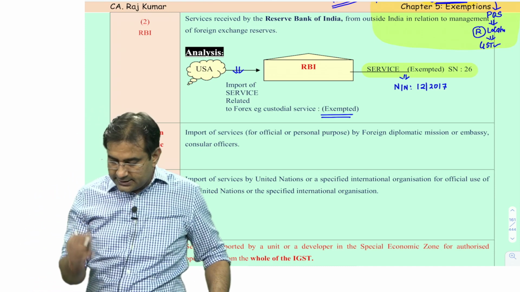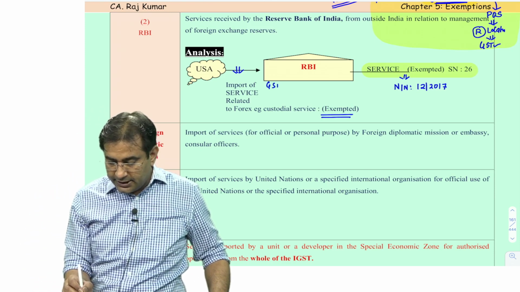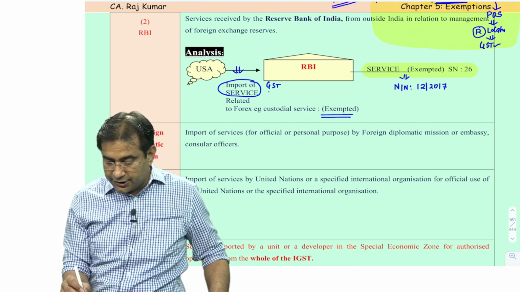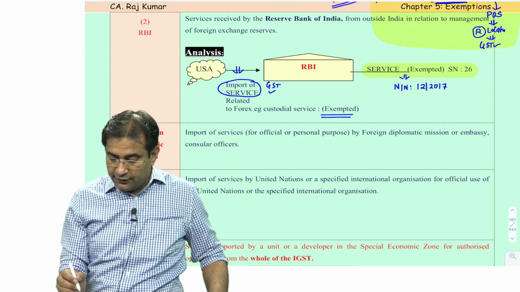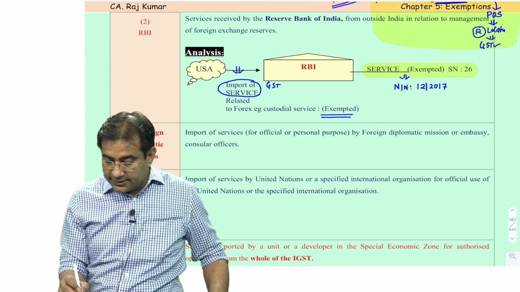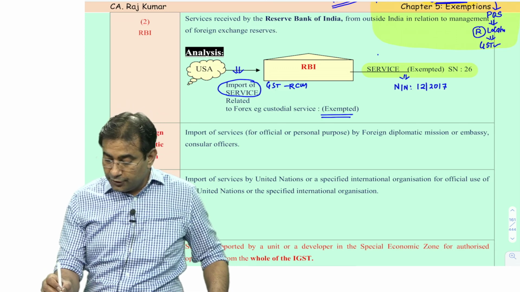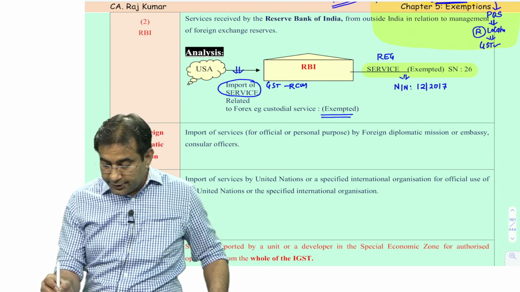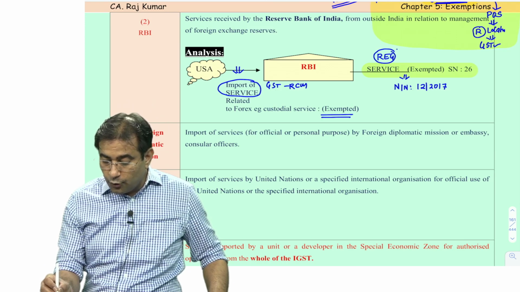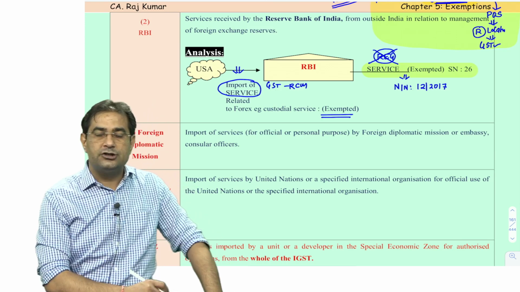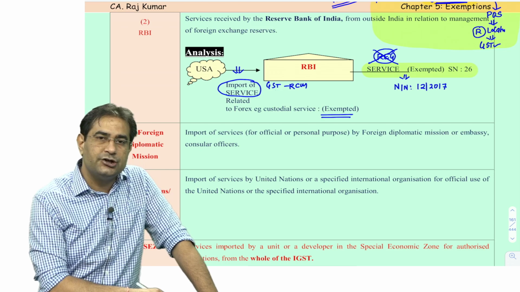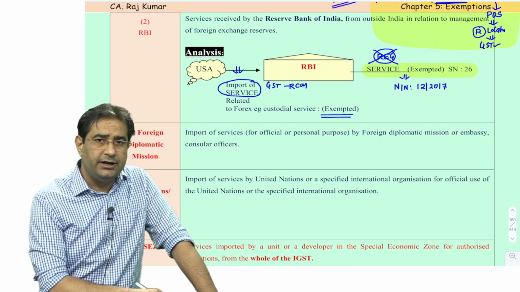Sir, if it is not exempted, then liable to GST, and sir, it is basically import of services, and if GST was applicable, then it will be covered under reverse charge mechanism, and Reserve Bank of India is not required to get registered itself due to its own outward supply. It is not required to get registered because it is engaged in making exclusively exempted supply.